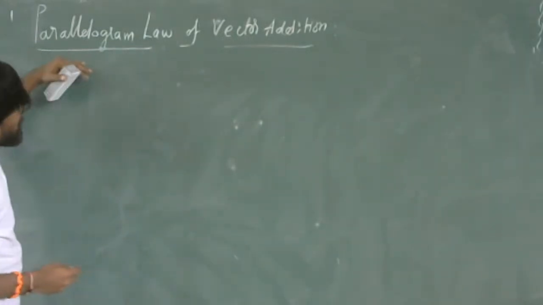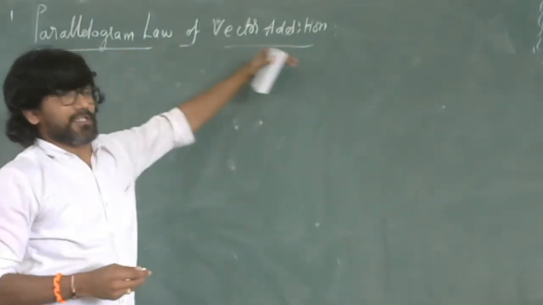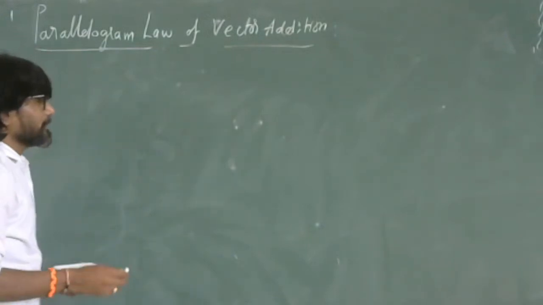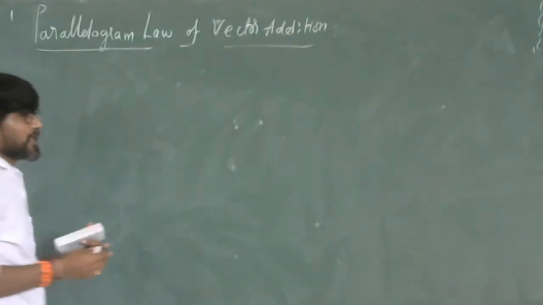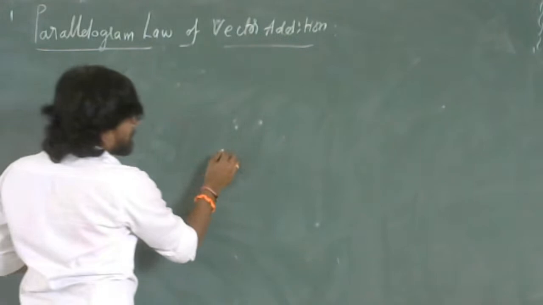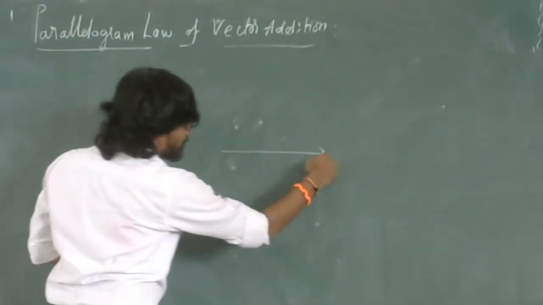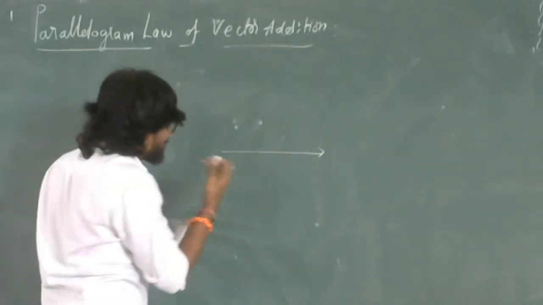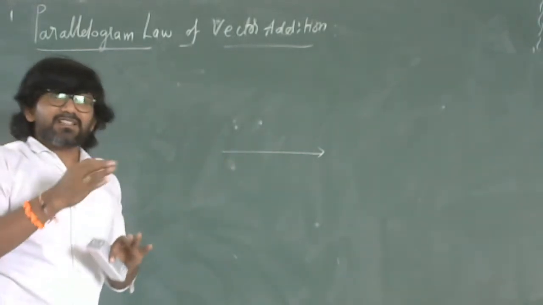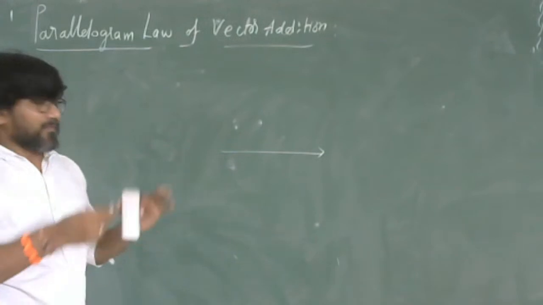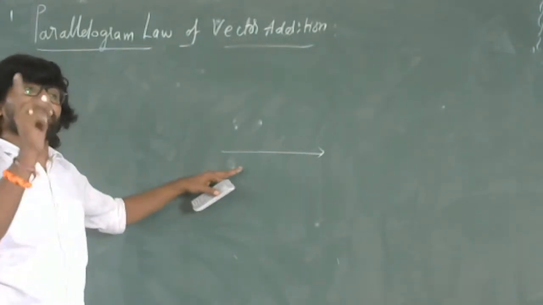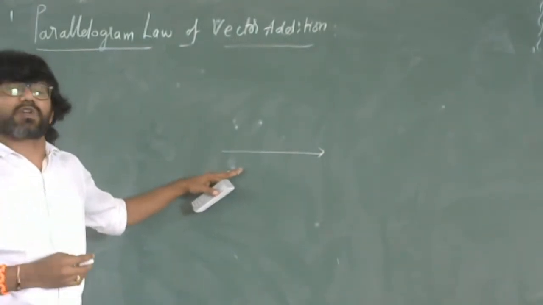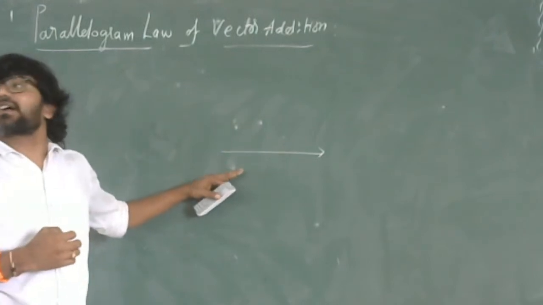First, the parallelogram law of vector addition says, if two vectors represent two adjacent sides of a parallelogram, provided these two vectors have the same initial point, those kind of vectors are called concurrent vectors.